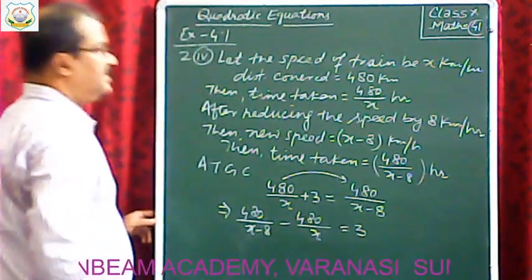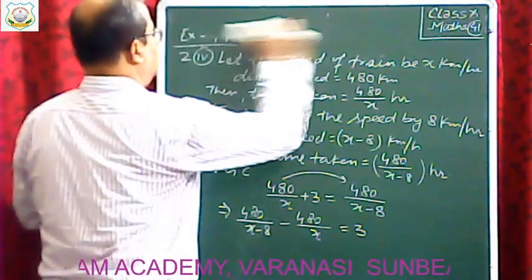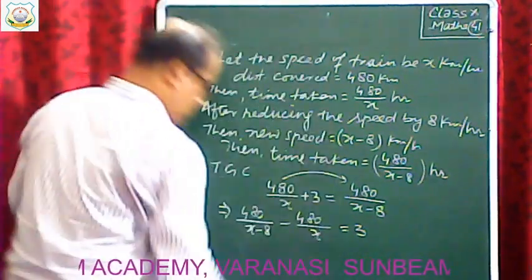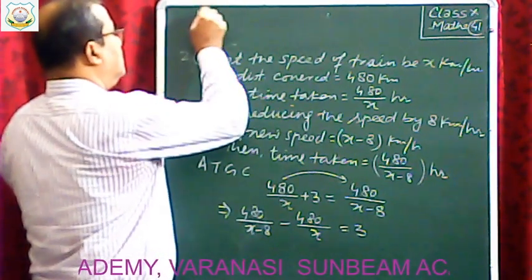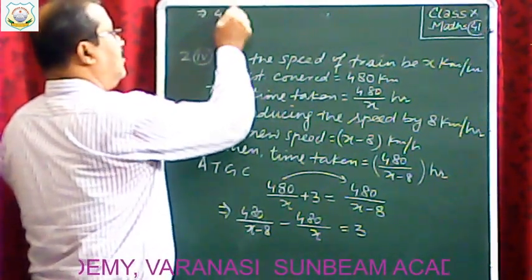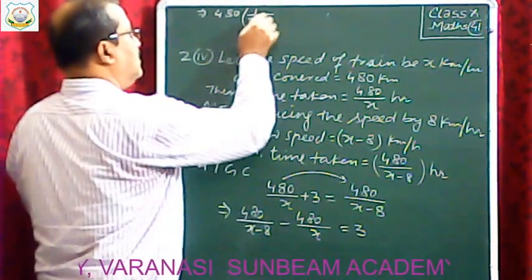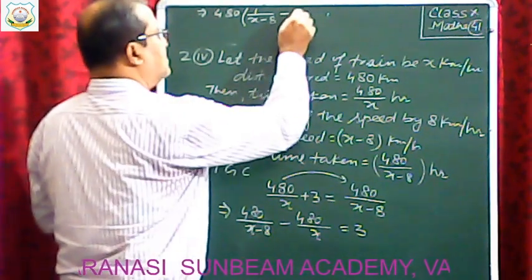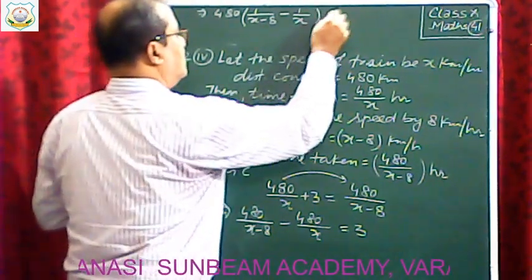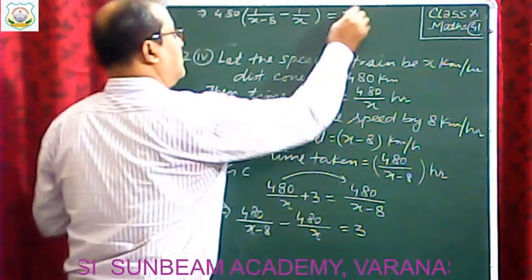I have to take LCM. Take out 480 common: 1 upon x minus 8 minus 1 upon x equal to 3.